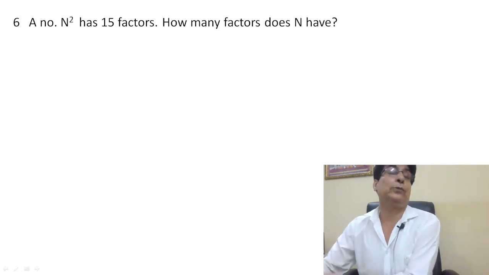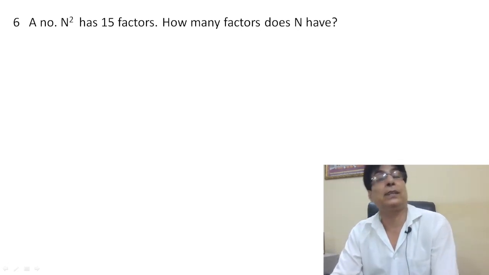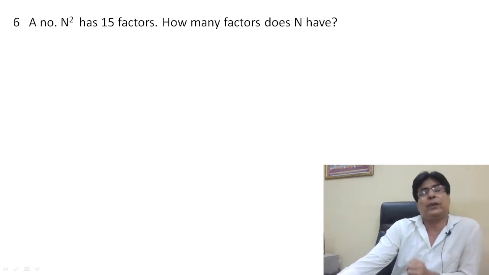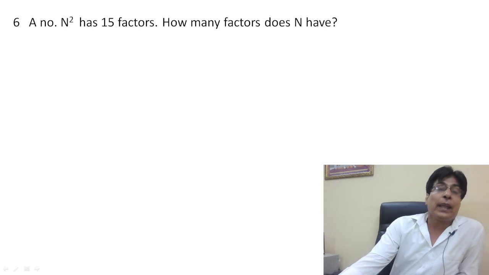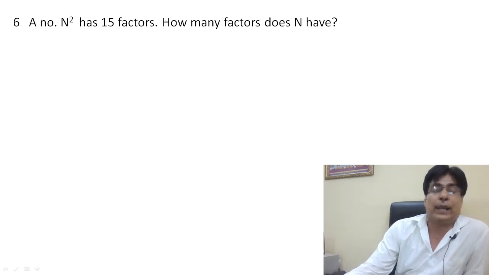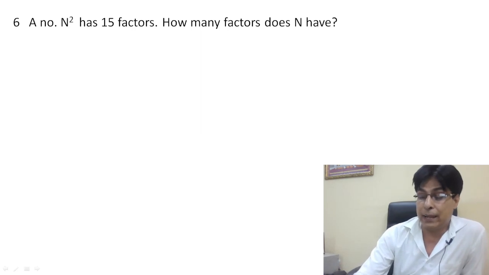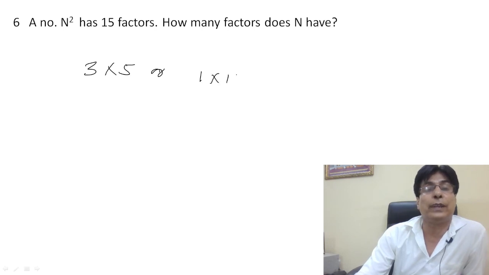If n square has 15 factors, then how many factors does n have? This is a very interesting question. n square has 15 factors. Two cases arise. 15 can be written as 3 into 5 or 1 into 15.